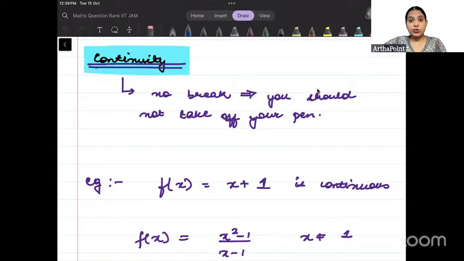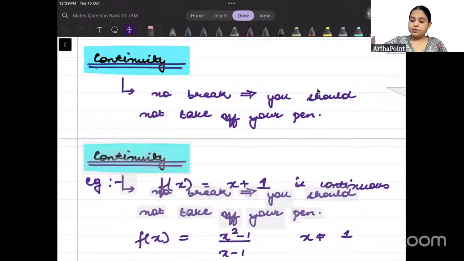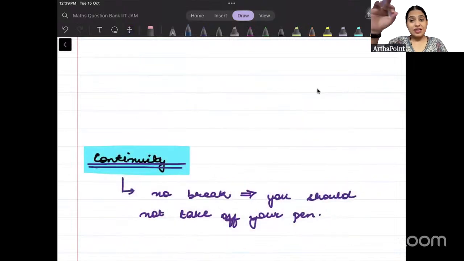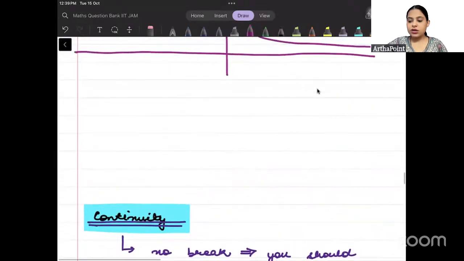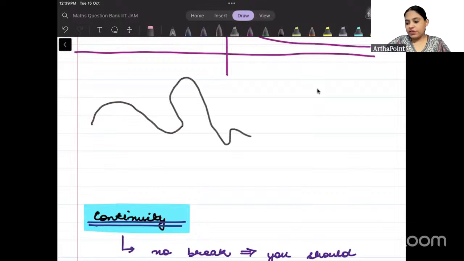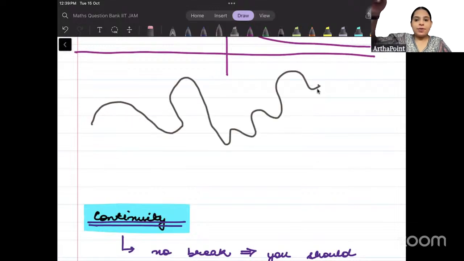What is a continuous function? A continuous function, in layman's language, is such that you draw a curve where you don't have to take off your pen. If I have a pen with me and I start drawing this, whatever I draw, I should not be picking up my pen.